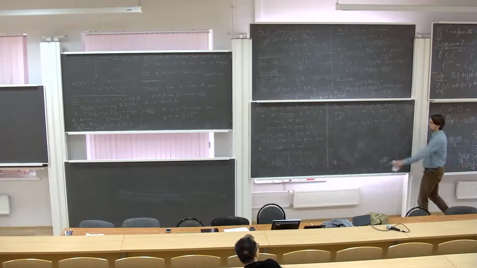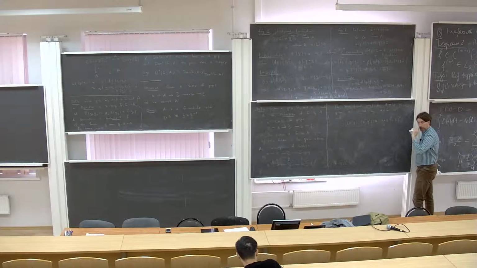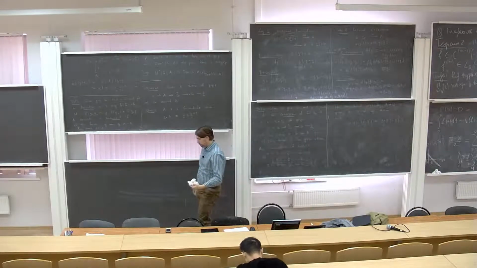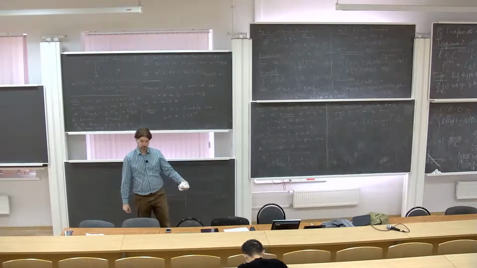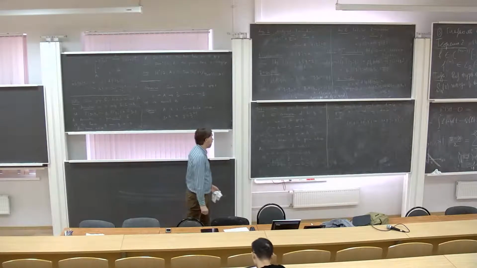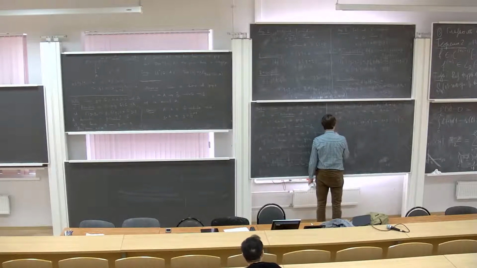Okay, so the multiplication in the semi-direct product takes into account the action of G on A. And you can check, using the fact that this is really a G module, that this becomes a group.